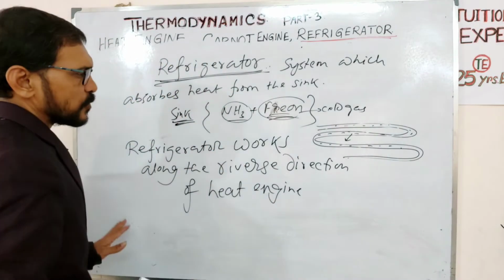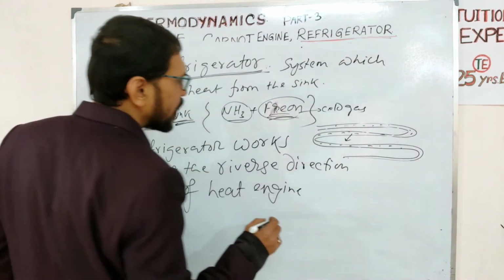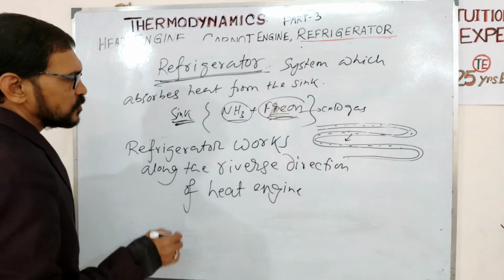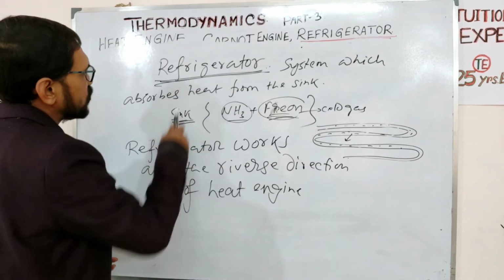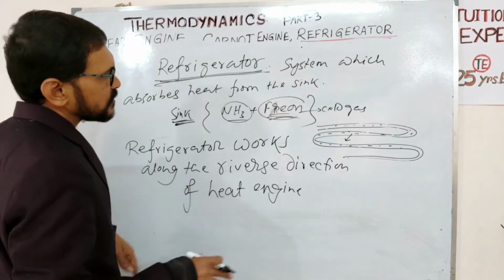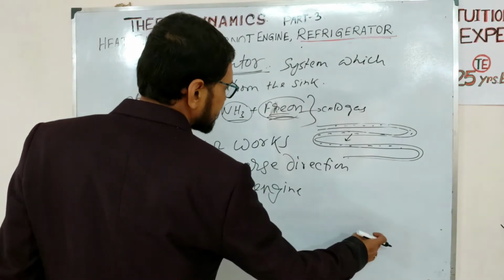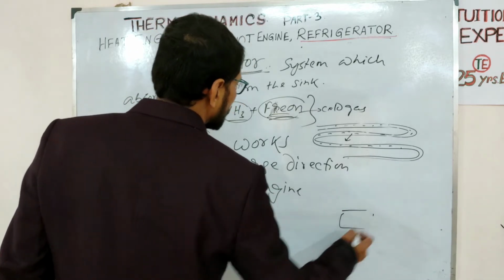Spontaneously, heat cannot flow from cold to hot body, so external work must be done on the refrigerator. In a fridge, the compressor is the instrument which does external work so that heat can flow from cold to hot body.